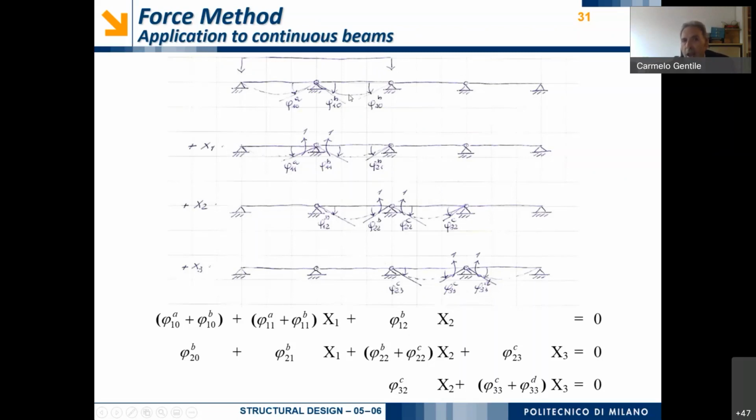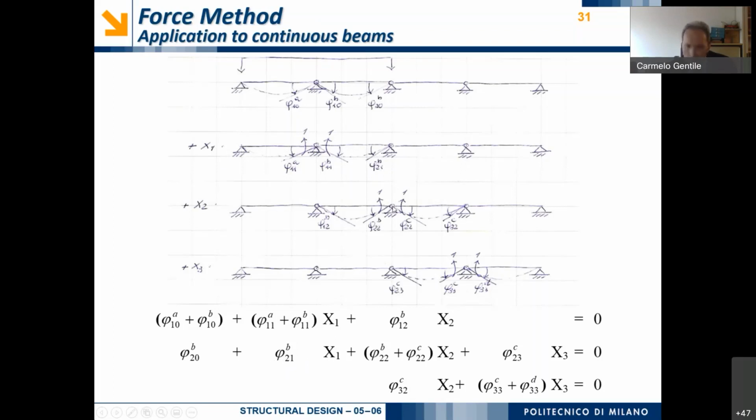Okay, so effects of the external loads, phi20B. We have to sum to phi20B the effect of x1. So x1 times phi21B. So plus phi21B times x1.